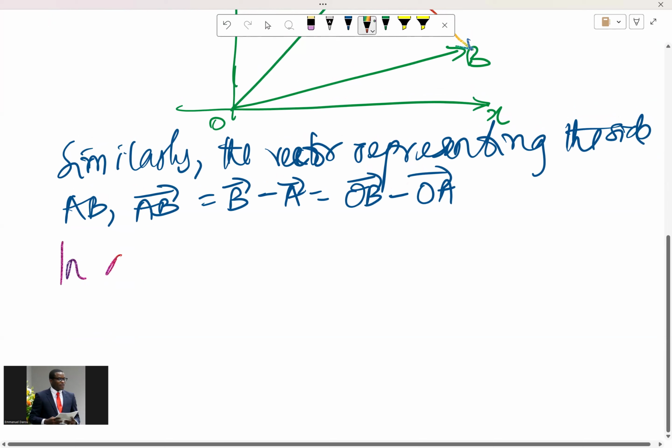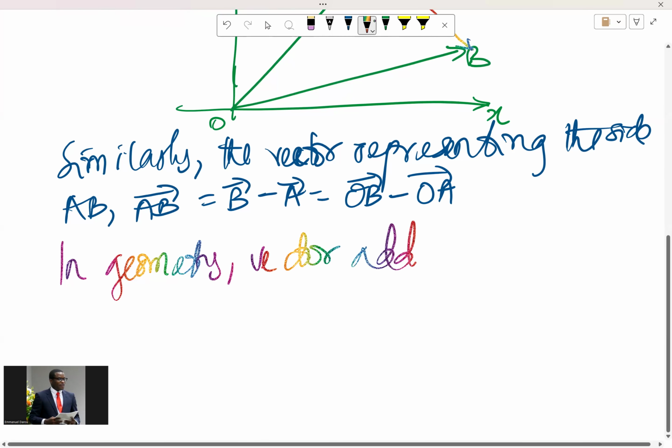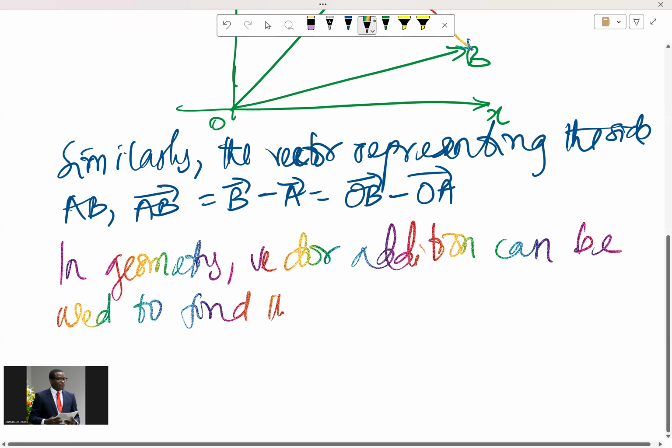So in geometry, vector addition can be used to find the resultant. We talk about the resultant of vectors.